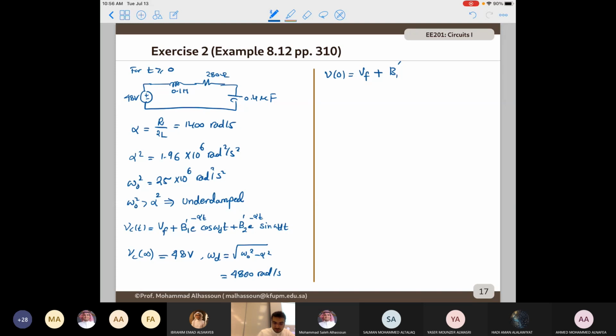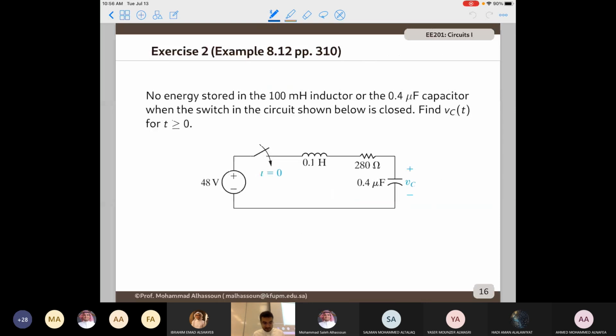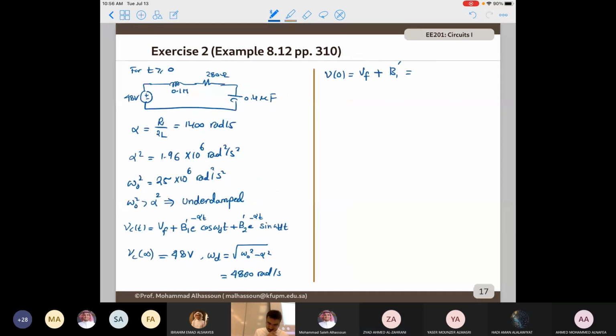So we'll get B1 prime, and we know the initial value of the voltage across the capacitor from here. Ziad? 0. Exactly, 0. So the initial value is 0, so B1 prime is minus 48 volts.